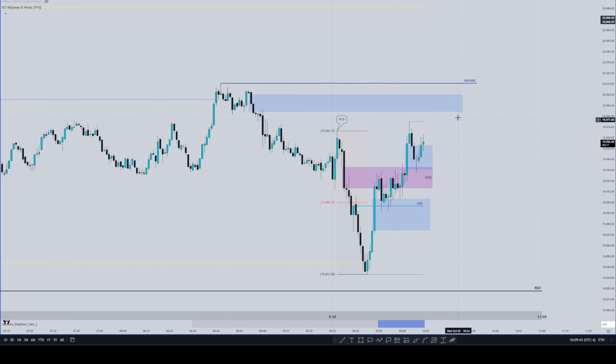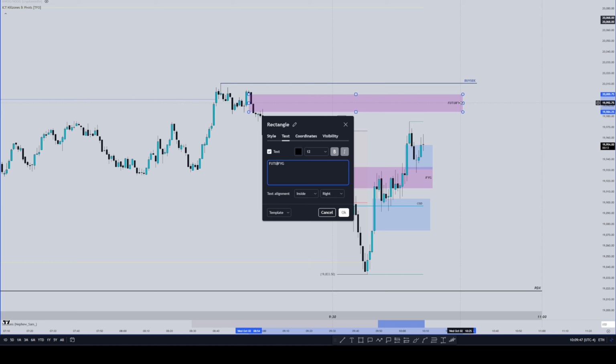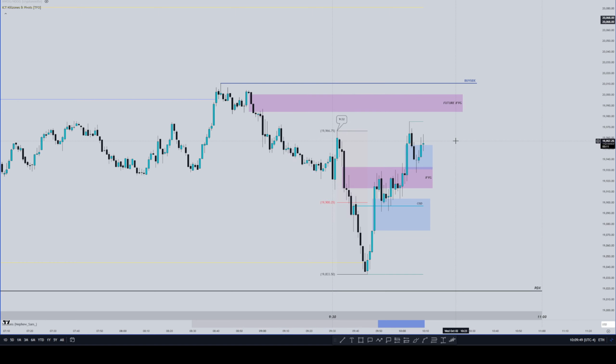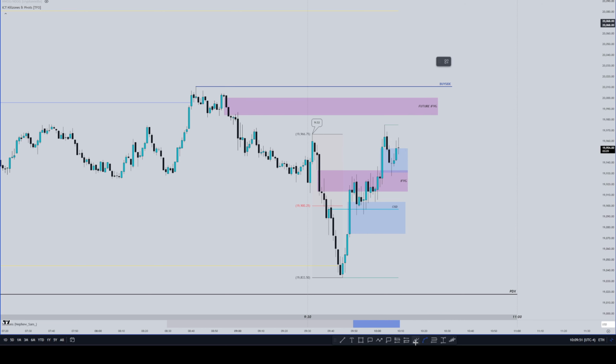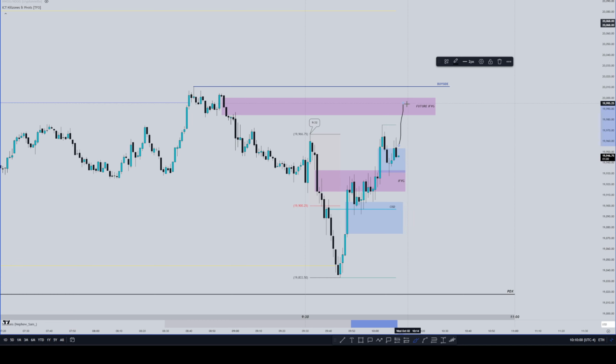So future inversion. This would be a future IFVG. Meaning, as price closes through this, it goes back to what I was talking about before, where we want to see the bullish PD arrays hold, the bearish PD arrays not hold. So you'd want to see price close through this. Maybe come back to an order block, close again, come back to another order block, and then eventually reach back up and do it.